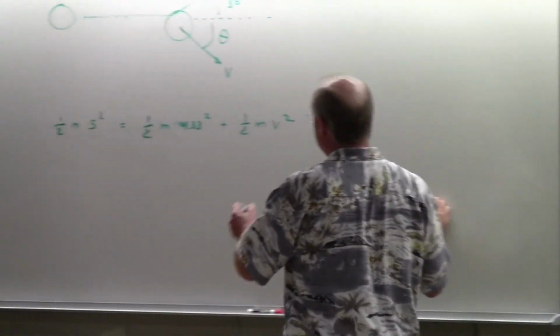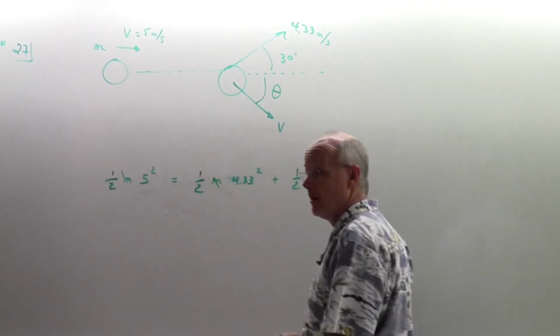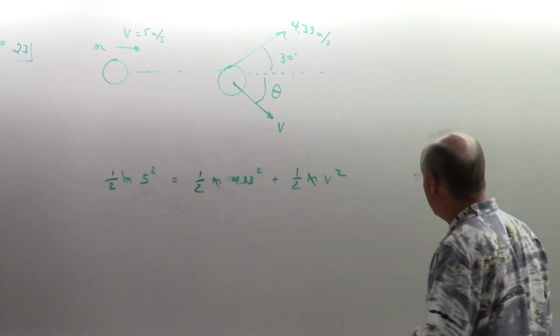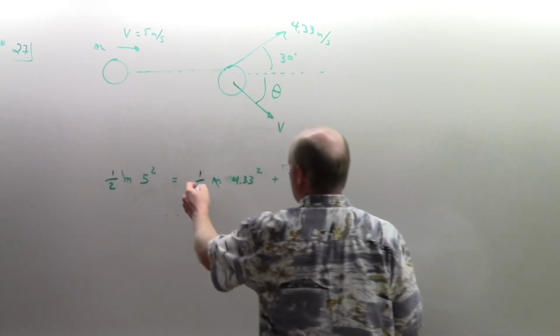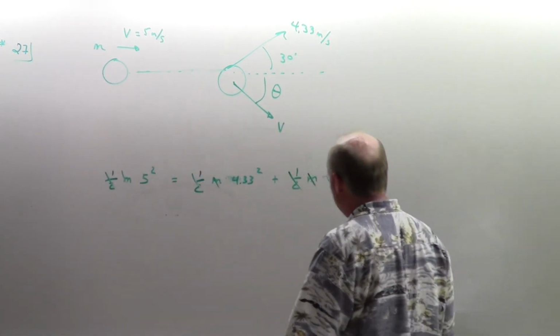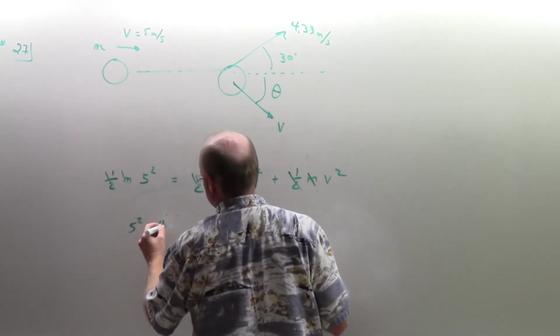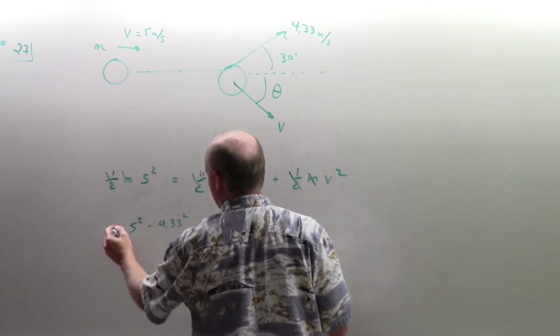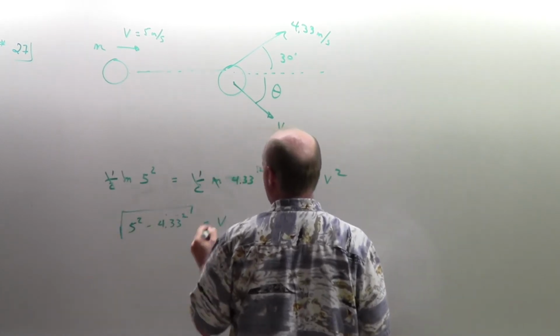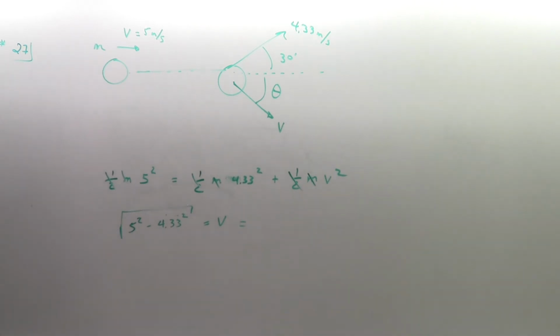And fortunately, even though they didn't give me the m, they're all the same. They can cancel off, and I could even cancel off a 1/2 from every term. But what that would mean then here is a 5 squared minus a 4.33 squared, taking the square root of that would be the speed. So I wonder if the author meant for it to be quite that simple.